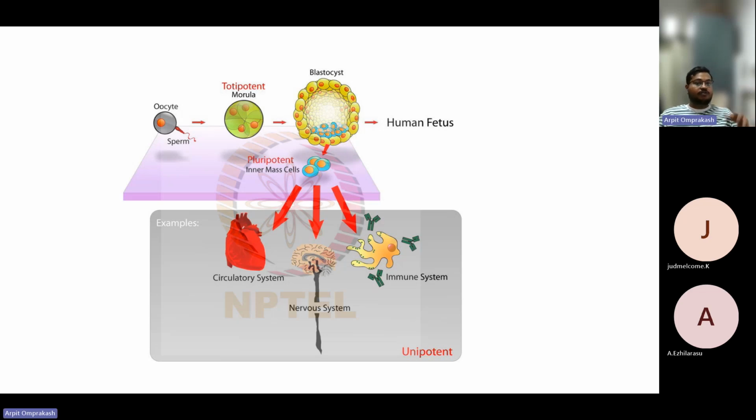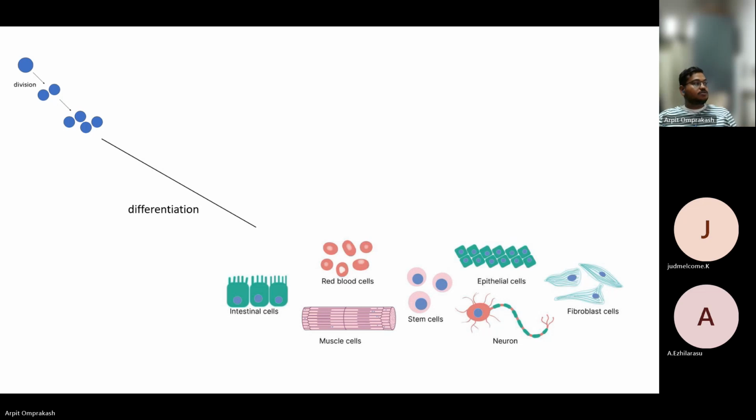But again, they perform different functions. Therefore, there should be some amount of regulation happening. Right. So here again, we see that all of these different kinds of cells, the fibroblast cells, epithelial cells, neurons, stem cells, muscle cells, all of them arise from the same cell, which is initially the zygote.